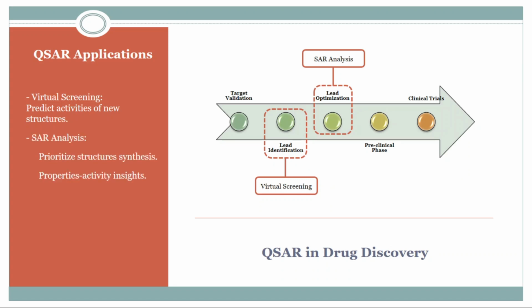Also, they can be used in SAR analysis. So when we have different derivatives, we can use the model to predict their activities, also to prioritize which structures to synthesize and test first. Also, since they can be used to understand how the properties are affecting the activities, they can give insights about the properties that affect the activity, which can help in lead optimization in modifying these structures.